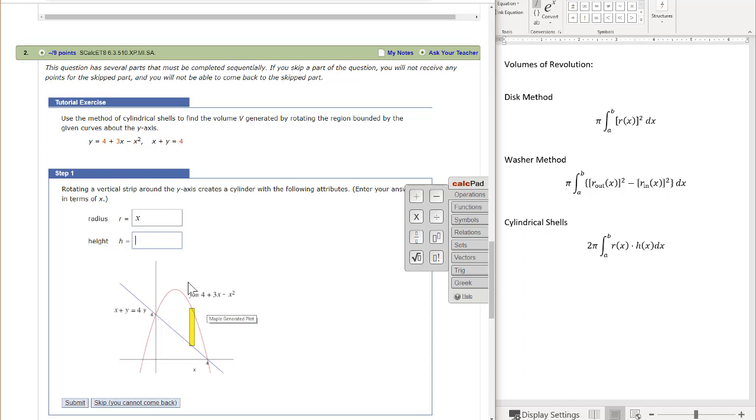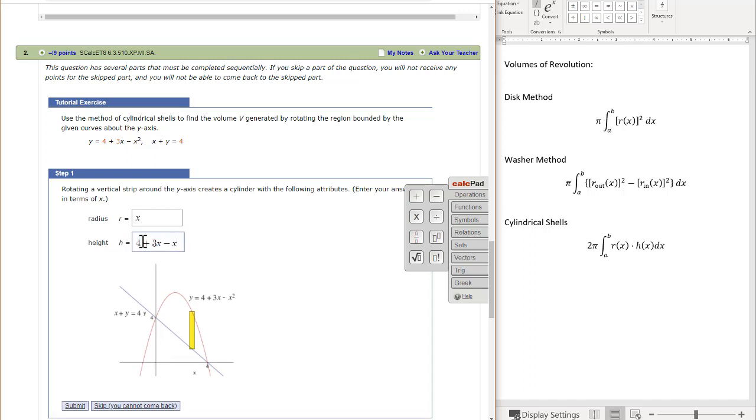So the high function, in terms of x, is 4 plus 3x minus x squared. Now that's just one of them. And then the actual height, the distance, is going to be the difference between the high value minus the low value.